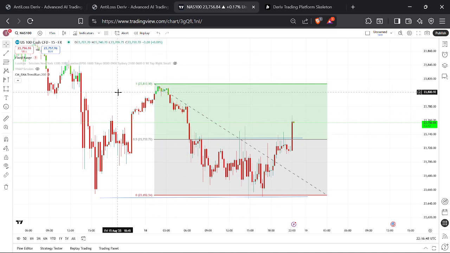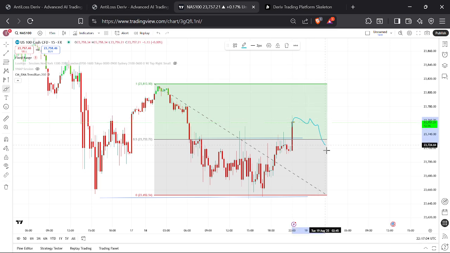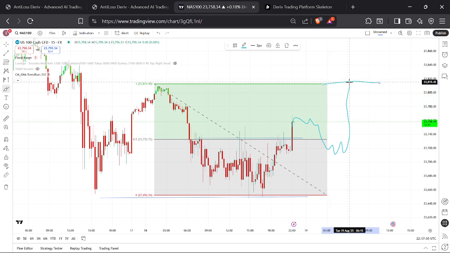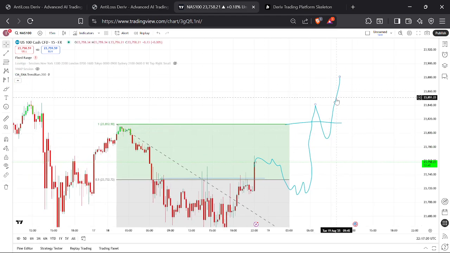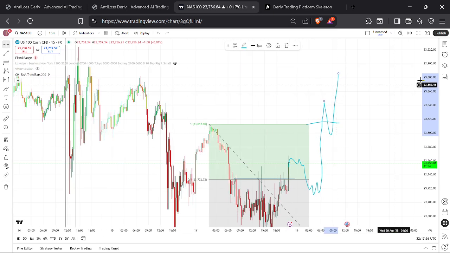I might expect the market to retrace a little bit, but maybe tomorrow we might see a small retracement, and then London breaks this high, and then New York continues the move upside and pushes the market higher and higher. So that's my opinion on Nasdaq.